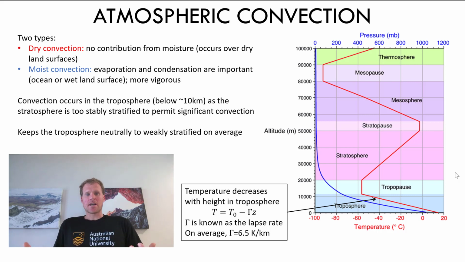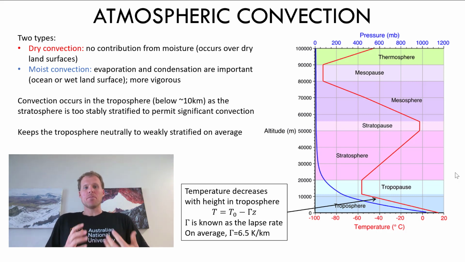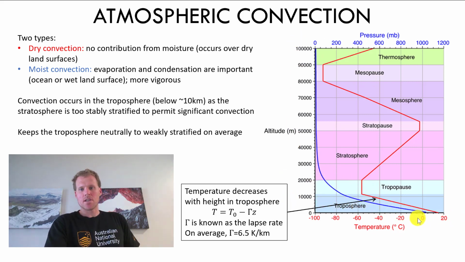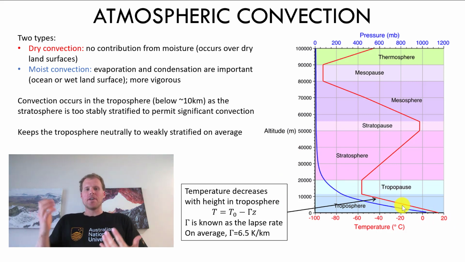In the atmosphere, convection is occurring predominantly in the troposphere. So that's below about 10 kilometers. And you can see the atmospheric structure shown on the picture on the right here. And so the troposphere is this region in the lower atmosphere. Once you get into the stratosphere, the fact that you have ozone in that region that's absorbing the sun's radiation leads to it being stably stratified.